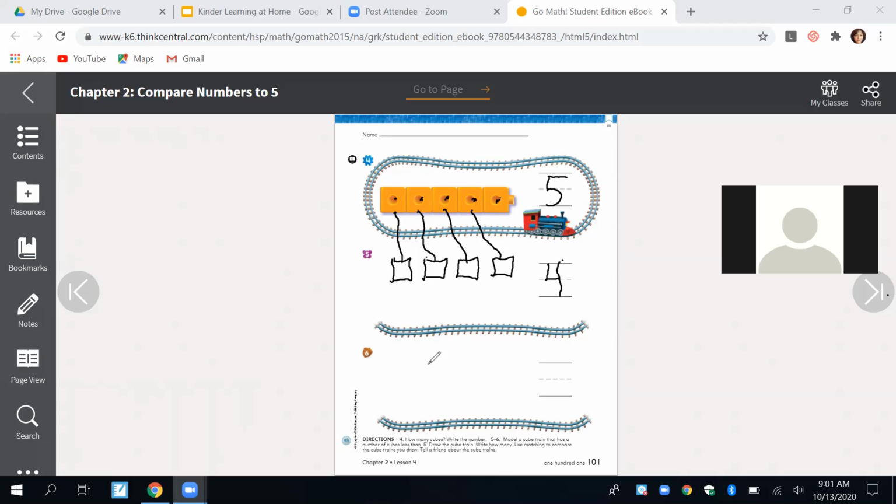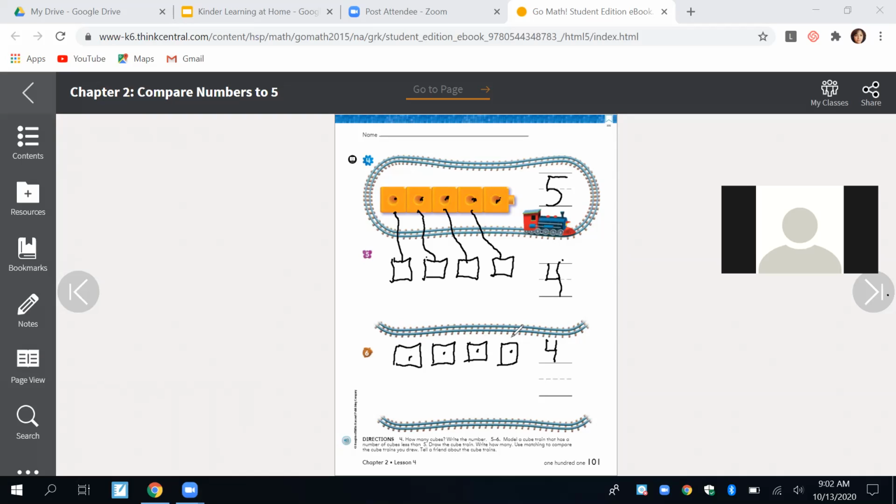What's the number, Beth? 4. 4. I'll do a 4 cube train. 4, there you go. And I'm gonna write my number because I don't wanna forget that there is 4 cubes. 1, 2, 3, 4. Okay.